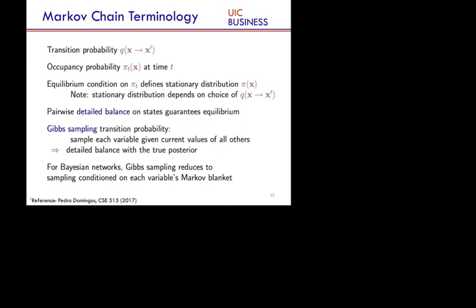Therefore, that leads to an equilibrium, and that equilibrium is P of x. They satisfy a condition which leads to an equilibrium, and the equilibrium is characterized by pi of x, which is equal to P of x, the original distribution that you cared about sampling from. Okay.